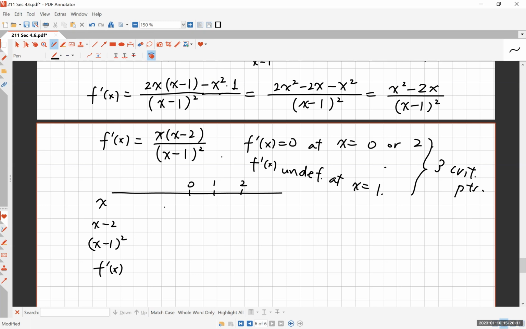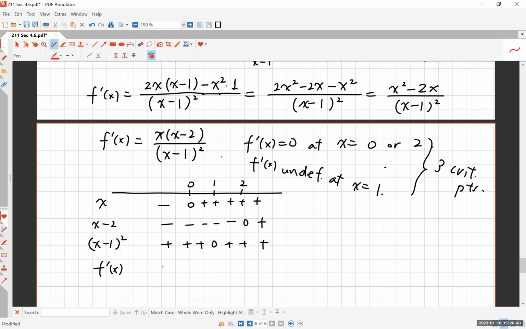X is negative here, 0, positive, positive, positive, positive. X minus 2 is negative, negative, negative, negative, negative, 0, positive. X minus 1 squared is positive everywhere except when x minus 1 is 0, which is happening right here. Otherwise, it's always positive because you square the quantity.